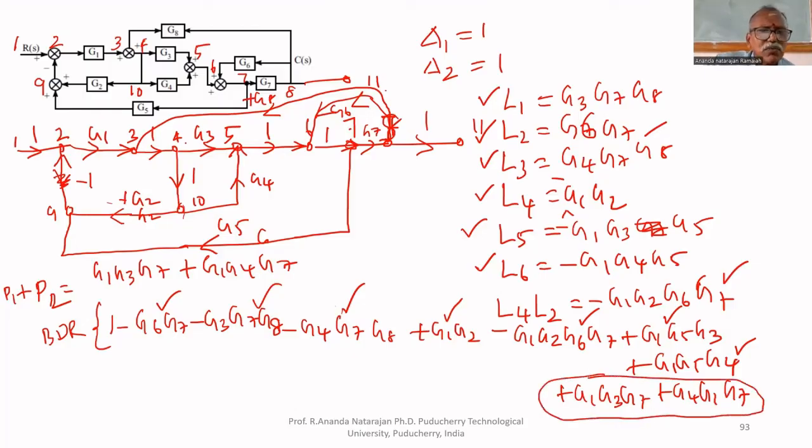The left out are these two: G1, G3, G7 and G4, G1, G7. G1, G4, G7. These two are forward paths.